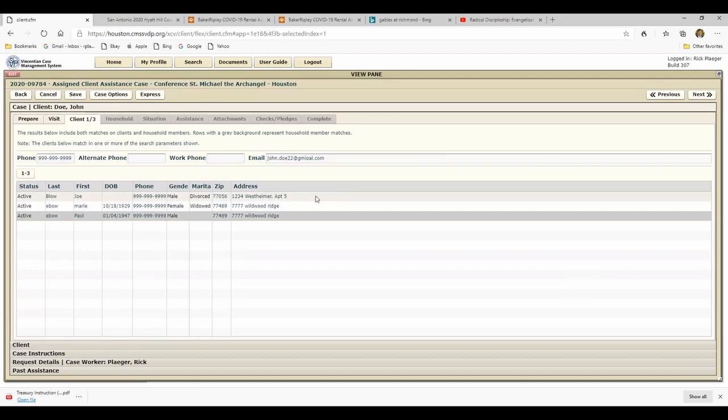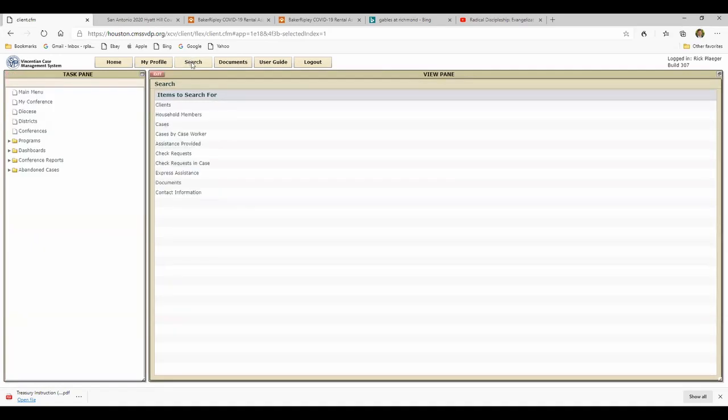But again, just as I showed in case intake, if you see an exact match and you want to know who's handling the case, you go to your search function, check on cases.